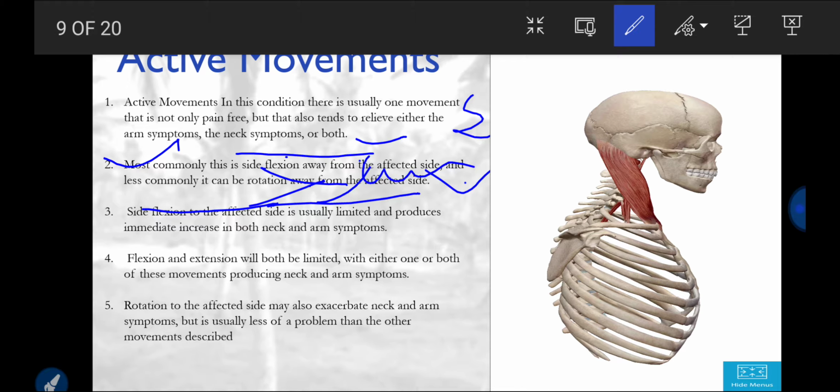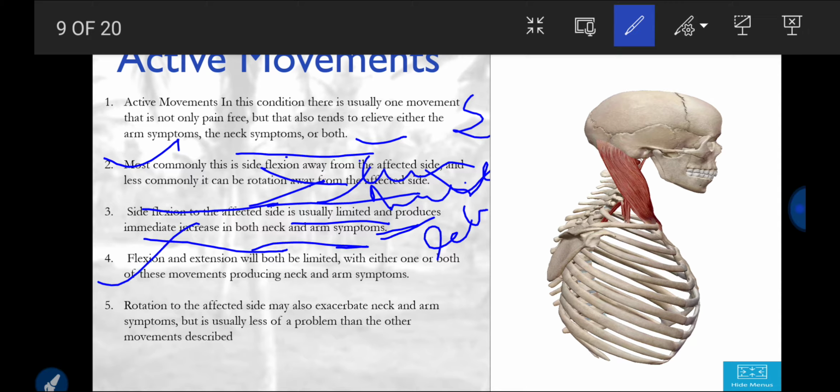Side flexion to the affected side is usually limited because muscle spasm is there, and because of pathological changes inside the cervical vertebra, it produces an immediate increase in both neck and arm symptoms.